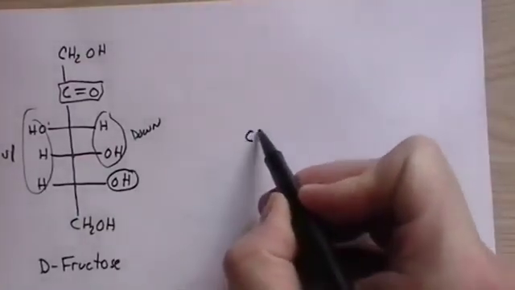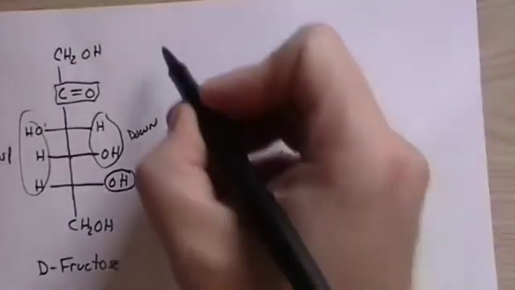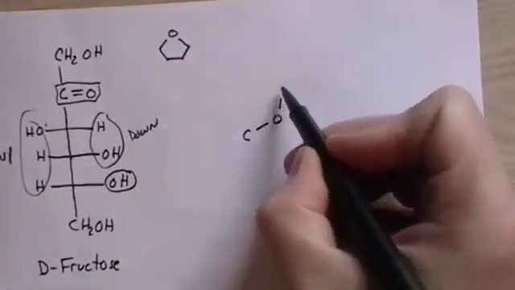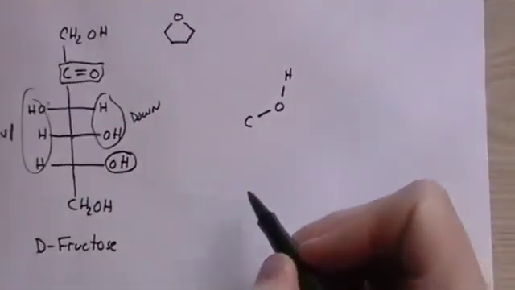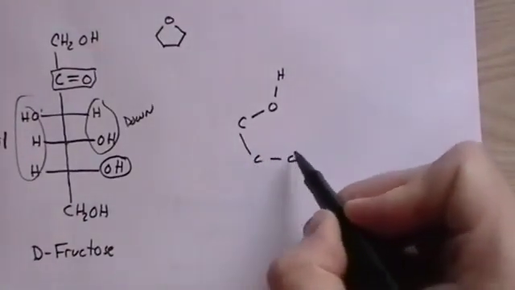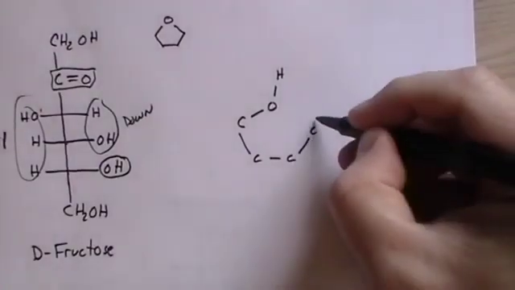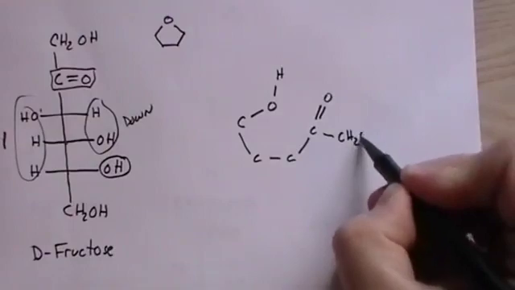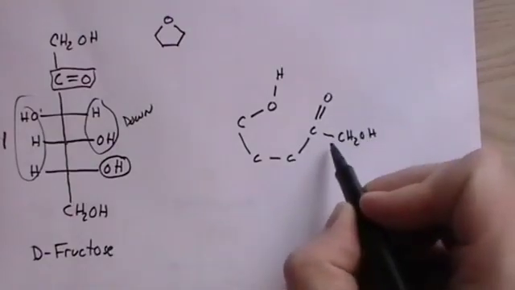So let's get the ring set up here. We'll have C, O. Now for a 5-membered ring, the oxygen sits at the top. We put the H here to get it out of the way, just to show the ring there. And then we have the double bond to the oxygen, and then we have this group. Now it looks a lot like the hydrogen here.